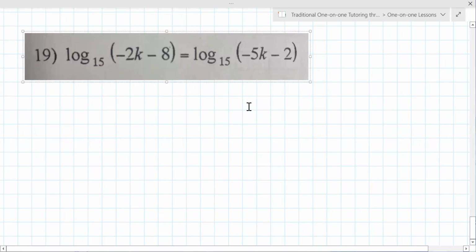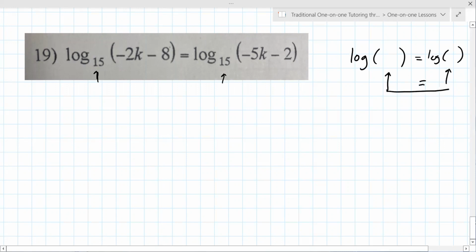All right, so here's a problem, and this type of problem is where you have log of something equals log of something, and notice the bases are the same. That's very important. If the bases are the same, you can set the part inside the log equal to each other, but it's only because the bases are the same.